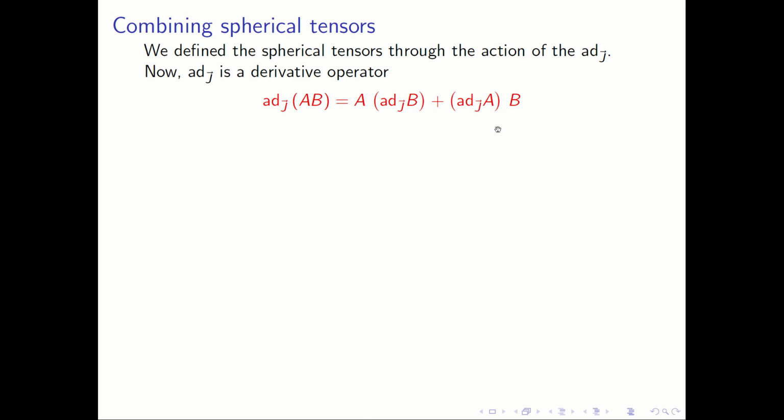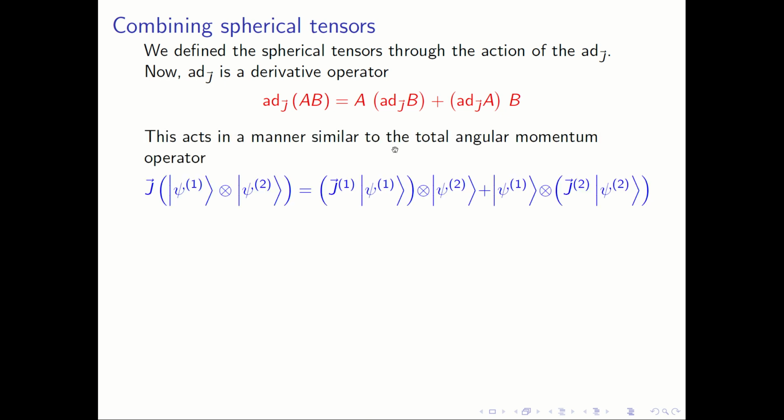Why is this called a derivative property? Because this is exactly how derivatives act on a product of functions. Remember the u dv/dx plus v du/dx thing? The d/dx acts first on one factor, and then you have another term with d/dx acting on the other. Exactly the same thing happens here. But notice the way the total angular momentum operator acts on a direct product space or direct product vector is simple.